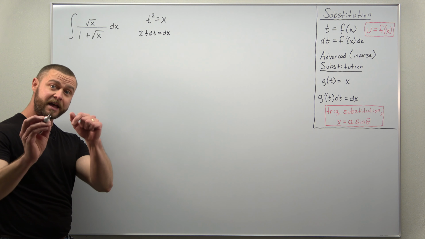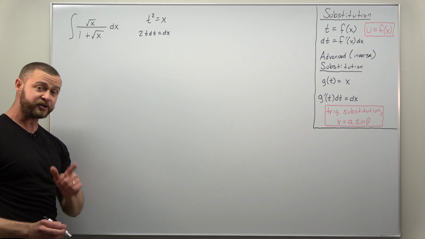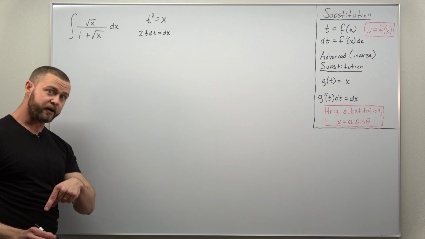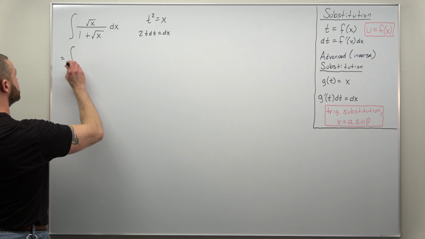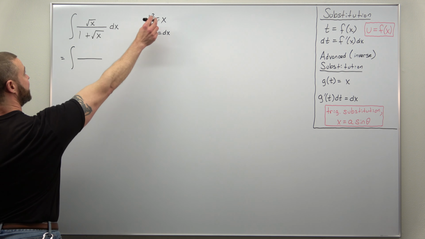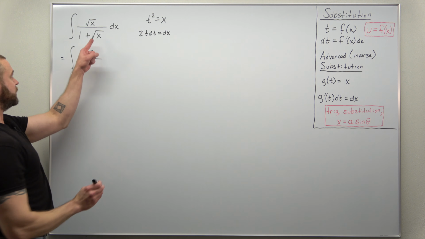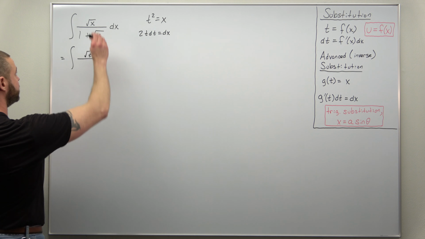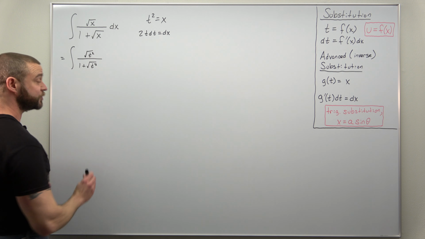equals dx. And now we can convert everything here, the function as well as the differential dx, to our new variable t. So let's plug everything in. So here we're going to get square root of t squared. Same thing in the denominator, but now 1 plus the square root of 1 plus t squared.